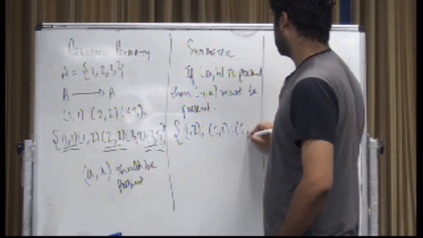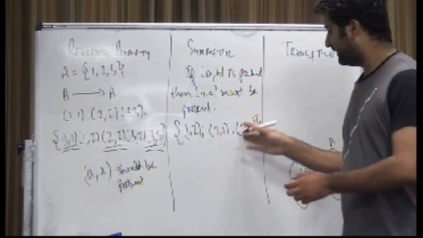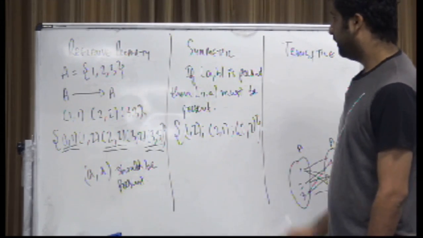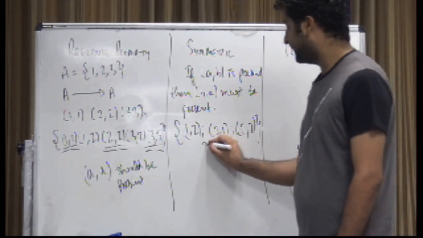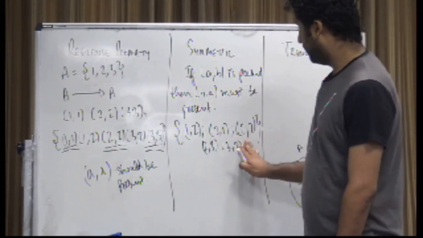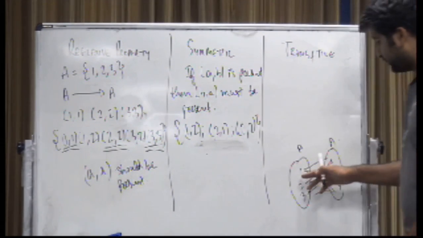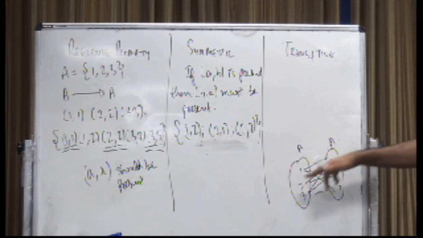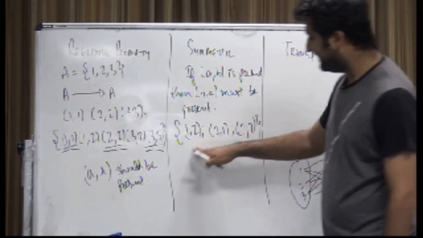If you have (2,2), then its opposite is already there, right? If I write (2,2) or the other (2,2), it's the same thing. But there's no need that all such ordered pairs should be present. You can't say that (2,3) should also be there and (3,2) should also be there. So if you have (A, B), then (B, A) should be there, right? Because there can be many such cases like (2,3) and (3,2), (1,3) and (3,1), but they need not be present in this one.